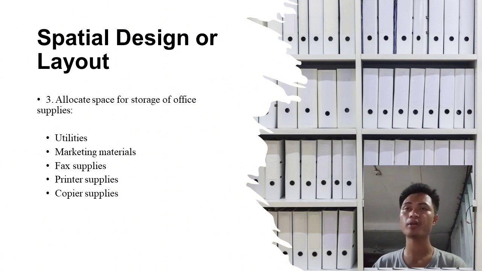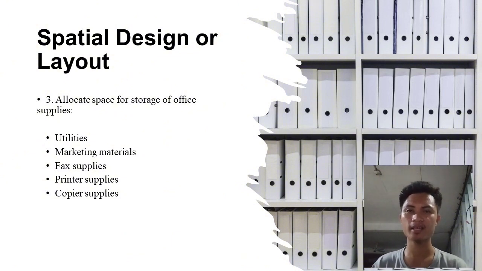Next, we have printer supplies. Nearly printers or near printers. We have to store printer supplies including paper, cartridges, maintenance kits such as inks or recyclable or exchangeable nozzles for the inks.